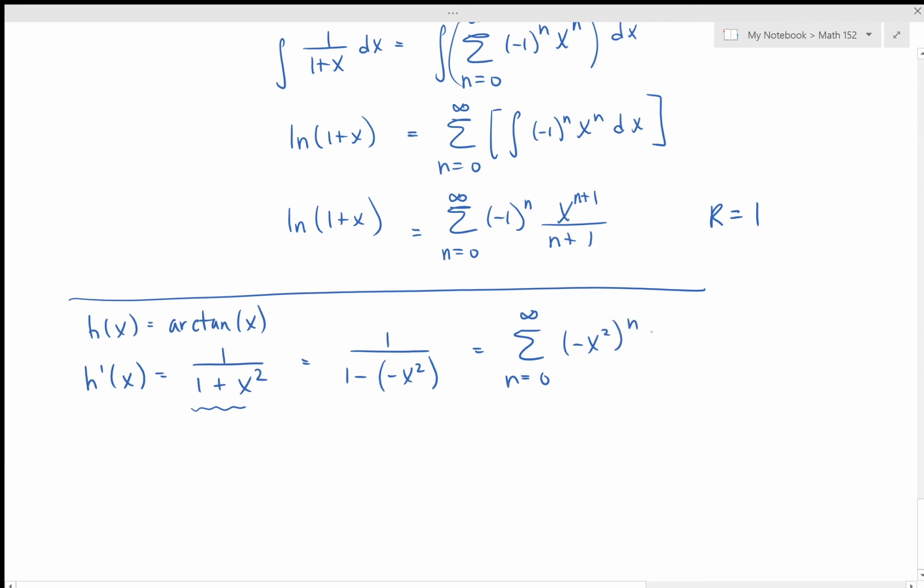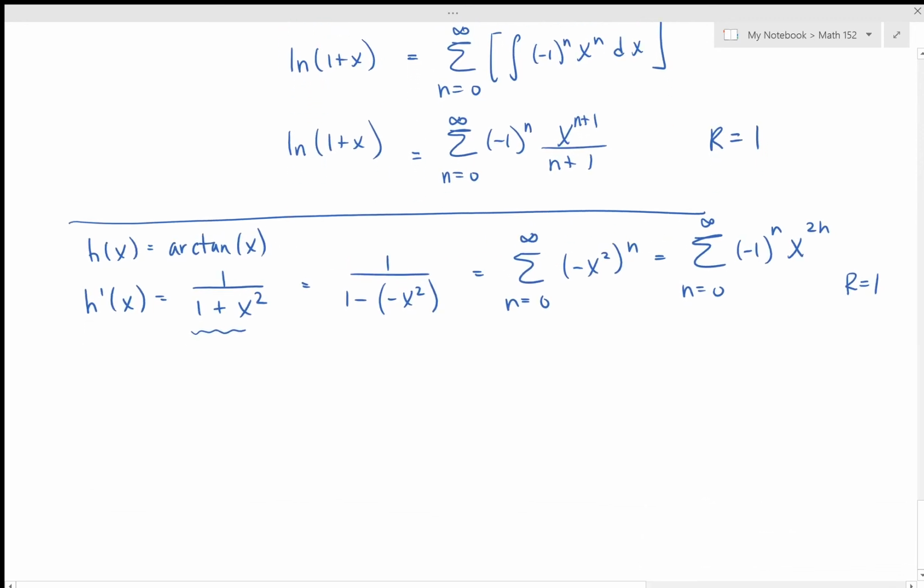which, as I have been and will typically do, move the minus 1 separate like this, and x to the 2n. And right now, I started out with the geometric series. The radius of convergence is 1. So I'm sitting here with a radius of convergence equal to 1.